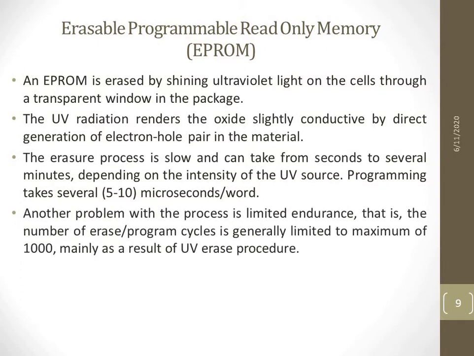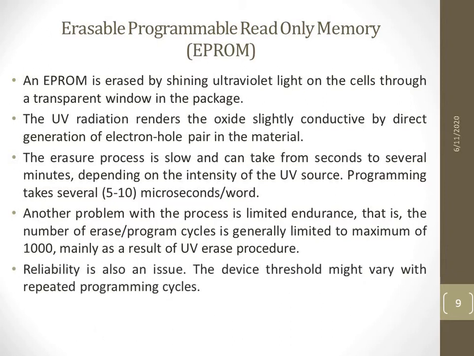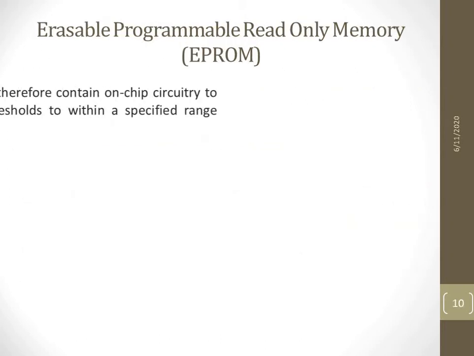Another problem with the process is limited endurance. That is, the number of erase and program cycles is generally limited to a maximum of 1000, mainly as a result of the UV erase procedure. Reliability is also an issue. The device threshold might vary with repeated programming cycles.